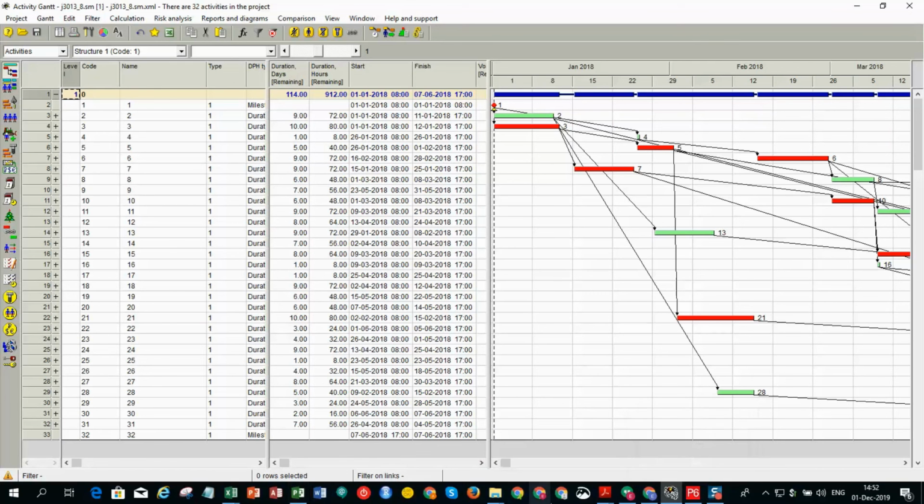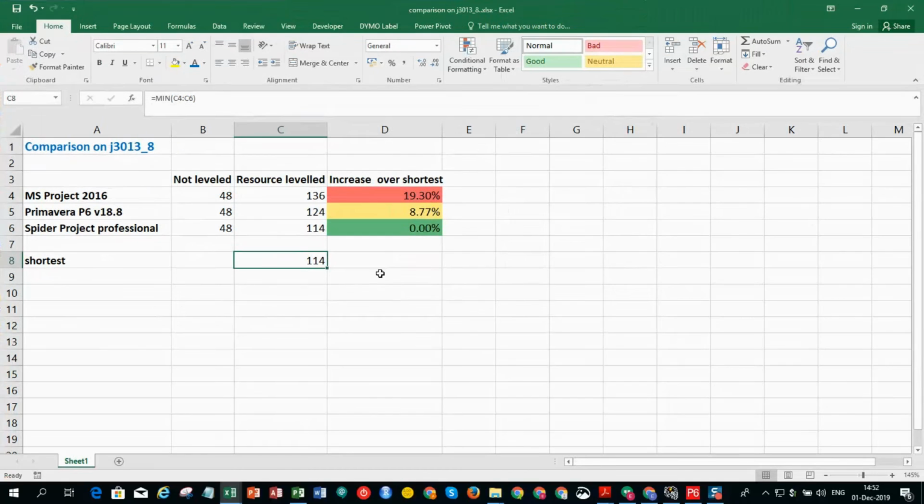Okay, let us put it all into a comparison table. We have MS Project, Primavera, and Spider Project. Without leveling, the tools produce expectedly the same duration, 48 days.